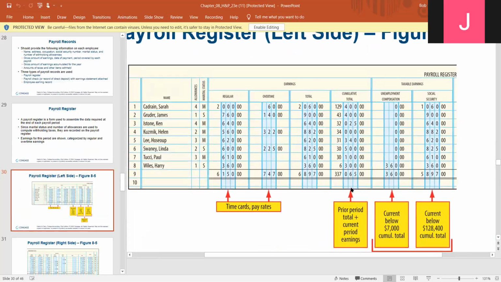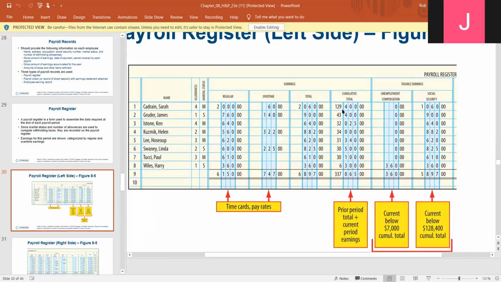It's a spreadsheet. Sarah Cadron, she earned $2,000. That did not put her over 128,400. So every bit of this total here is subject to the 6.2% Social Security tax. All of this is subject to the Medicare tax. The cumulative total. Whoa, look at this. Sarah did go over, to 129,400.